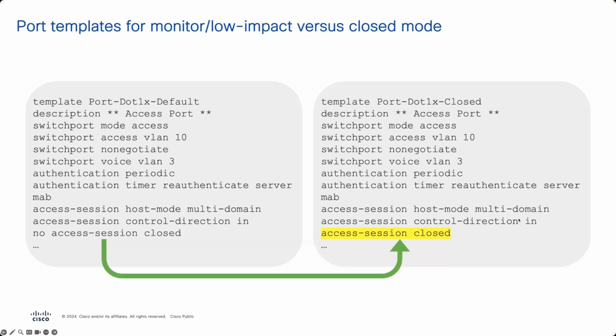One interesting note, if you only did one template, so the port 1.1x default, if you have that assigned to ports and you go in, you modify the template to where it's just access session closed, it will affect all ports. So anytime you have a template configured and you have it applied, any changes you make to the template will affect those ports immediately. You won't lose connection, just moving to access session closed, but it will affect new sessions coming across.